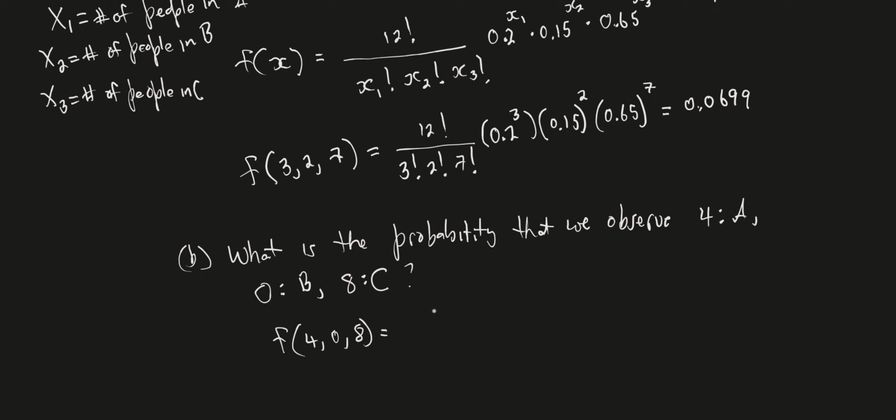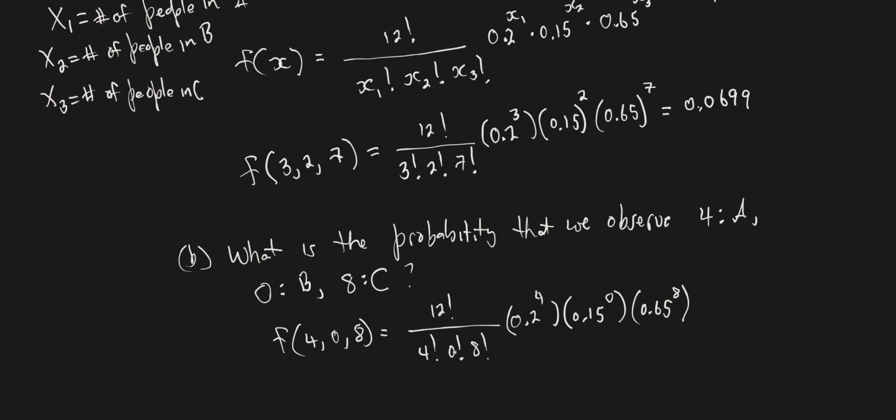So we'll still have the 12 factorial in the numerator, but now we're going to have 4 factorial times 0 factorial times 8 factorial, and then we're going to have the 0.2 to the 4th power, and then 0.15, now that's going to be to the 0th power, so that's going to be equal to 1, and then finally the 0.65 to the 8th power, right?